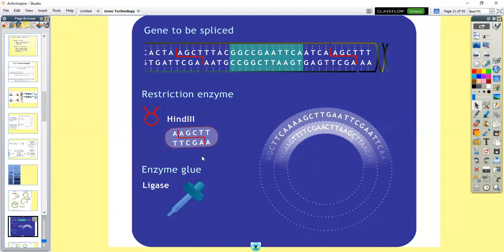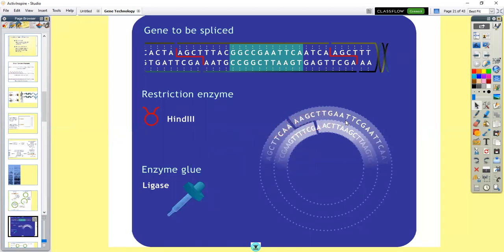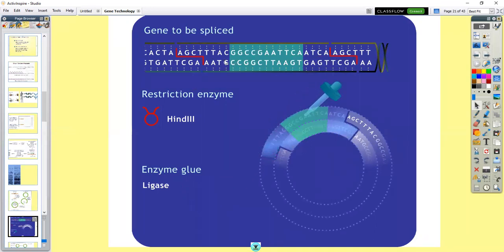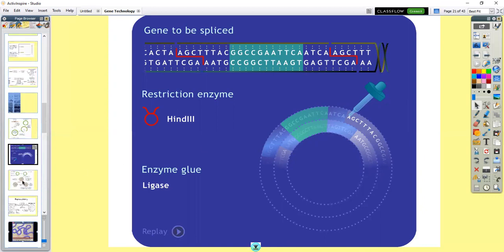Okay, so for example, here you treat your plasmid with your restriction enzyme, same with the human DNA. You add your ligase enzyme, which sticks it back together. You now have a plasmid which has got some human DNA in it, so it will produce, for example, that insulin gene.